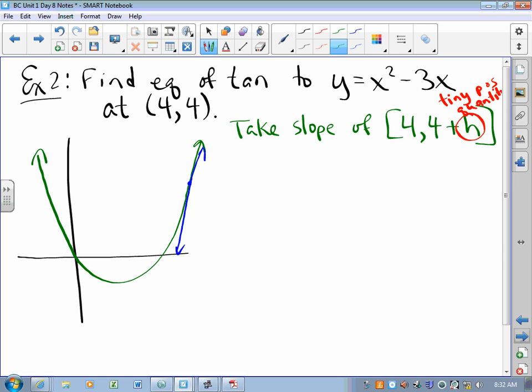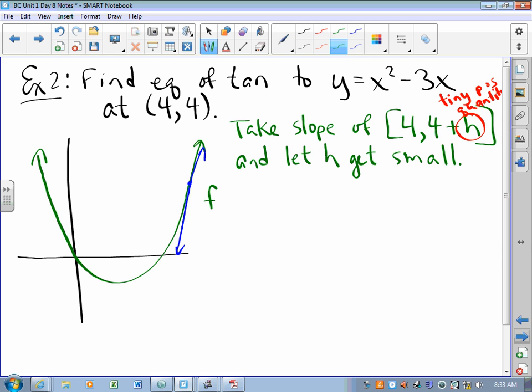We take the slope between x equals 4 and x equals 4 plus h, and then we let h approach 0, and we say, okay, I can't take a slope at one point because I still need a change in x. I've got to do change in y over change in x. Tangent line, there is no change in x, but I can take a slope between 2 points that are very, very close together and squeeze them.